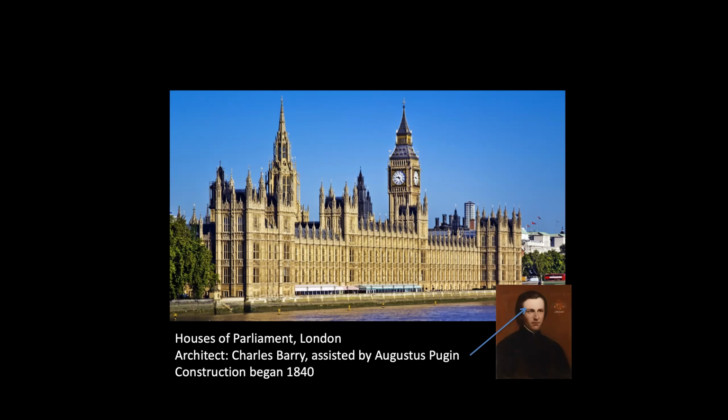Just a very complex architecture to figure out. So without Pugin's books, it's unlikely that American architects would be able to figure this out. The first really convincing Gothic revival building in America was built in New York, and that is the Third Trinity Church at the corner of Broadway and Wall Street.